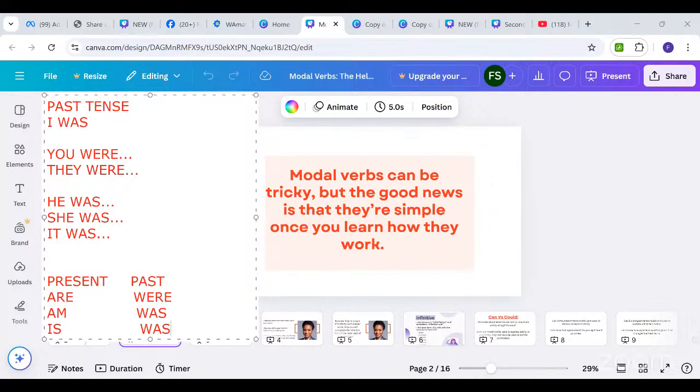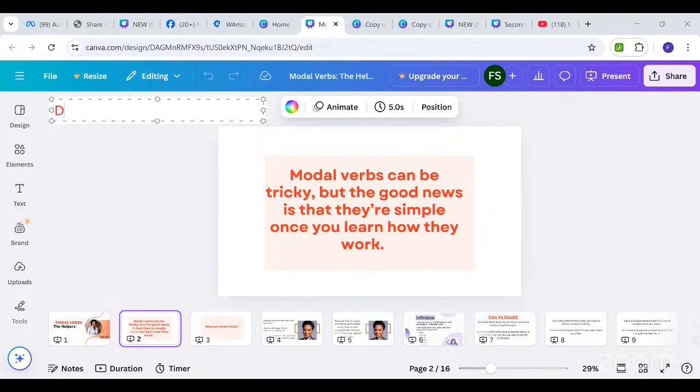So let's go to the do verb, and then we go to the have verb. Well, the do verbs. So the base form is usually do, just like we said earlier.